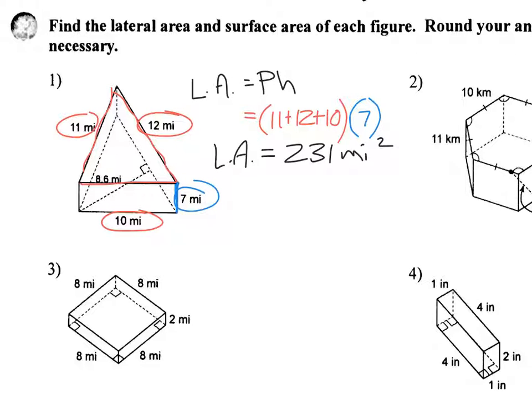Then to get surface area, I'm going to do this in green. Surface area is this, which I already found is 231, plus 2 times big B, which is the area of the base. Well, the base shape here is a triangle.